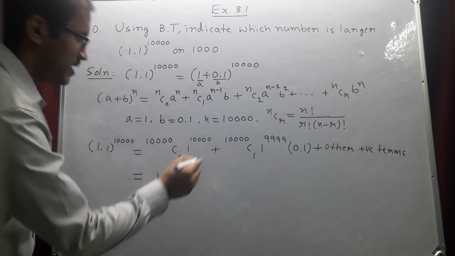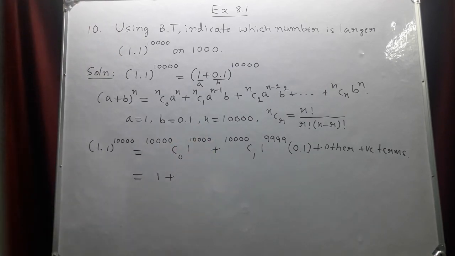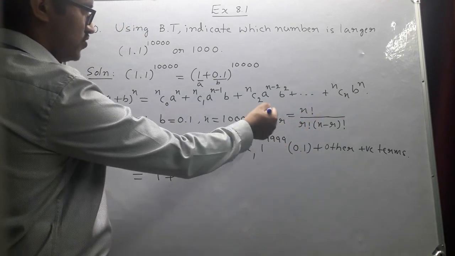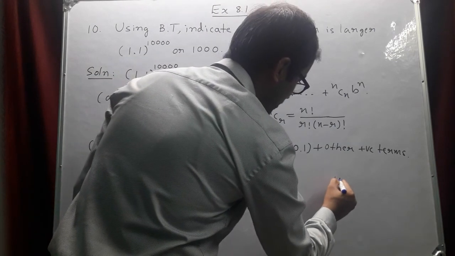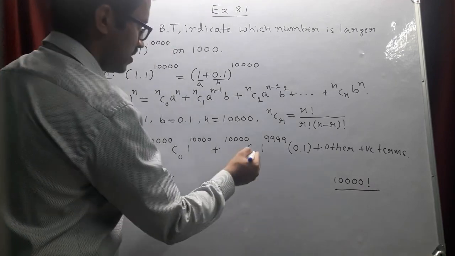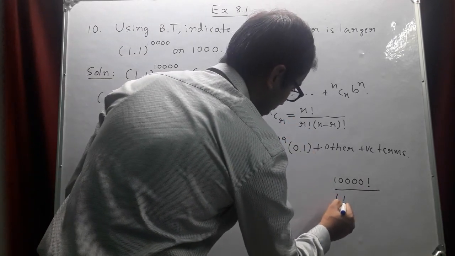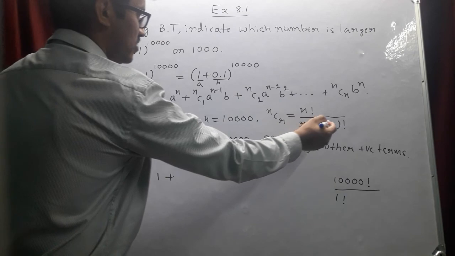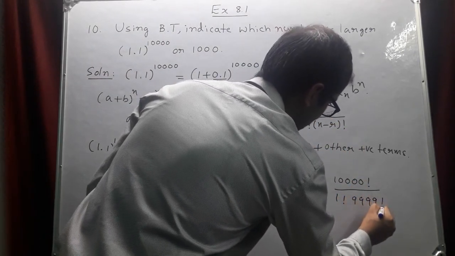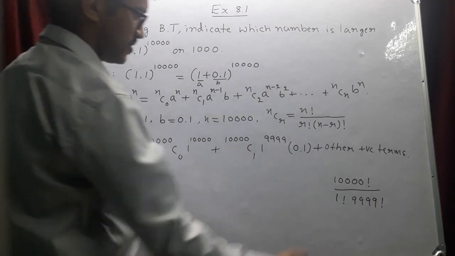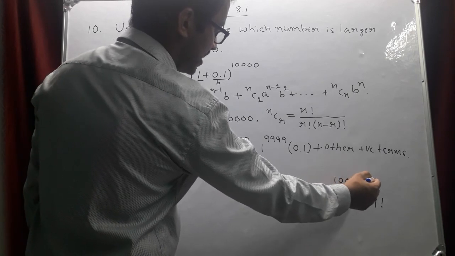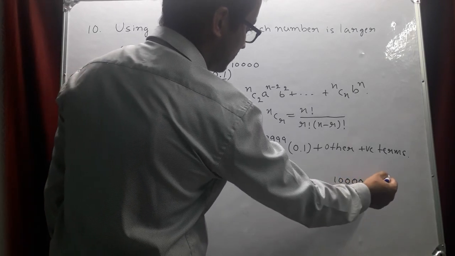Plus 10,000C1. So what we will get? If you use this formula, that is 10,000 factorial by 1 factorial into (10,000 minus 1), that is 9,999 factorial. So 10,000 factorial, we can write as 10,000 into 9,999 factorial.